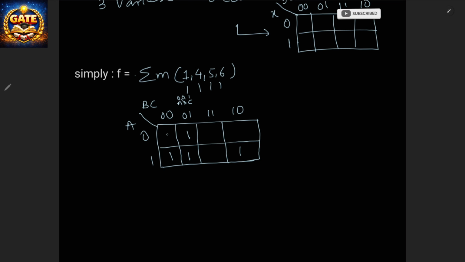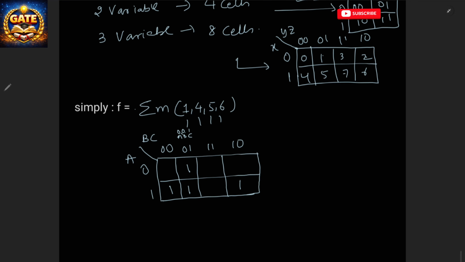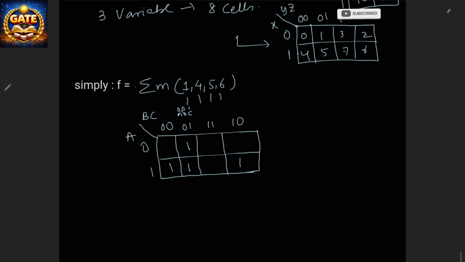This is the 0th position, first position, second position: 0, 1, 3, 2, 4, 5, 7, 6. So their equivalent binary numbers should be placed. Here 1 is the first position, and 4, next 5, and next 6.